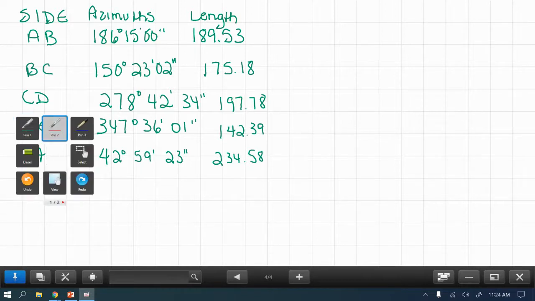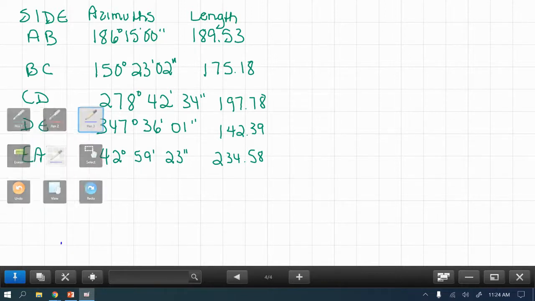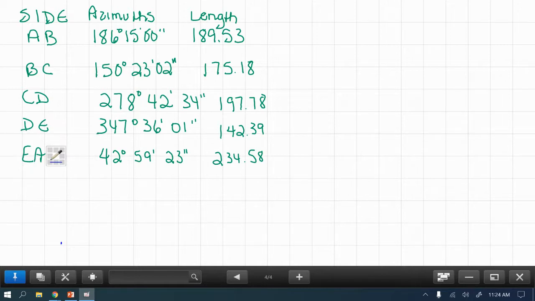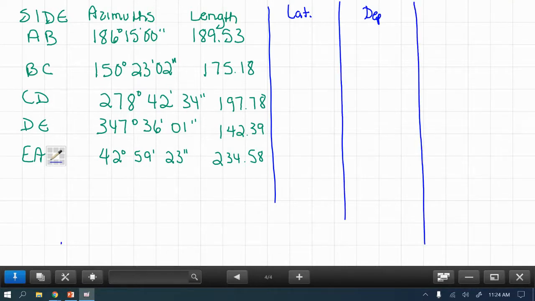So the next column is lats, and then next column is departure. Okay. So the formula for latitudes is L times cosine the azimuth, which is your length. That's my latitude one. And the departure one is L times the sine of the azimuth.